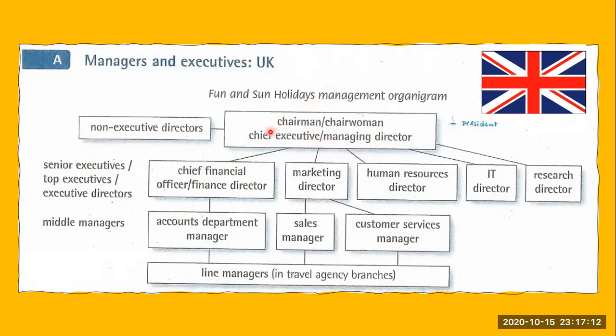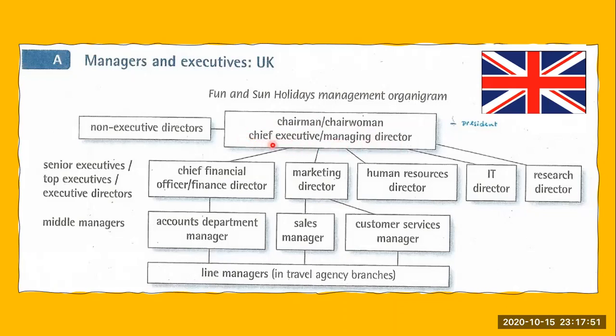In other words, what we can call in our country, or maybe in America, the president of the company. That's why I wrote this here with my handwriting. So it's very important that next time you hear or read these words, you know that this is the person on the top of the organigram. Chair, like the place you are sitting right now. Chairman or chairwoman. Other words are chief executive or managing director.